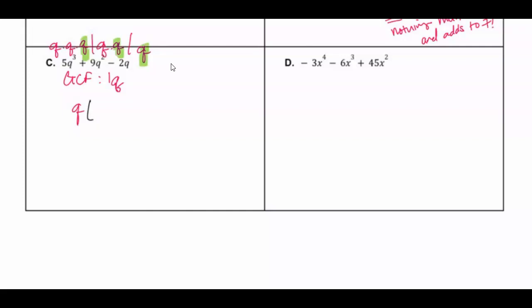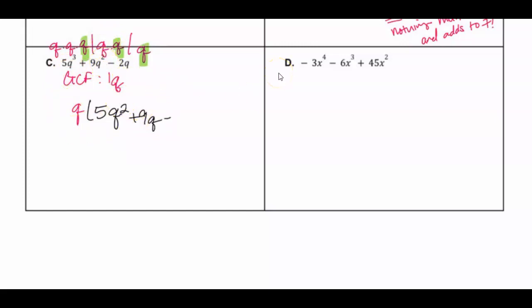So Q times what is 5Q to the 3rd power? Well, I need a 5, and I definitely need a Q. And I can see here that I have 2 Q's left over, so 5Q squared. And then I need a positive 9, because Q times 9 is 9Q. And then I can see that when I took a single Q out, I still have a Q left over, which makes sense because Q times Q will give me the Q squared.